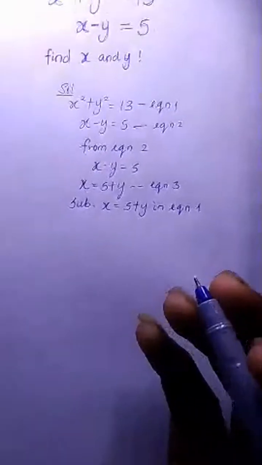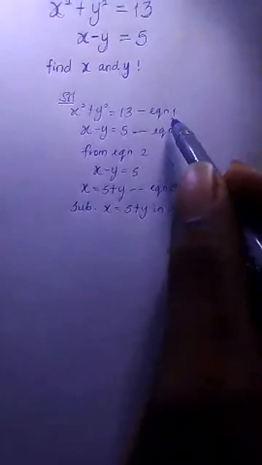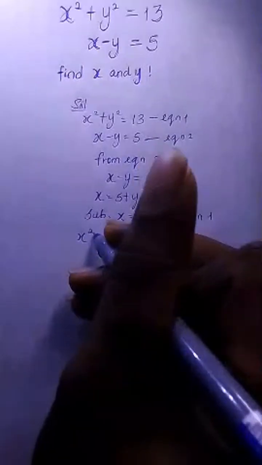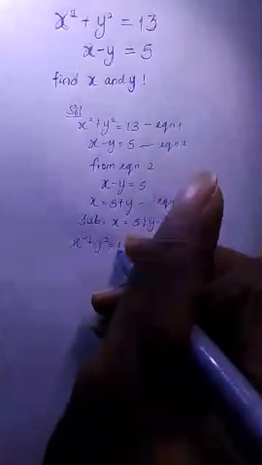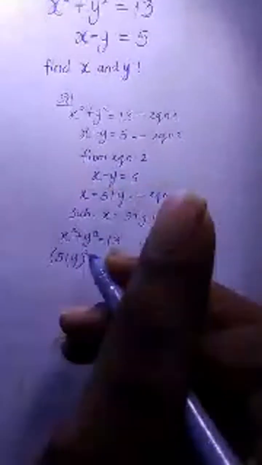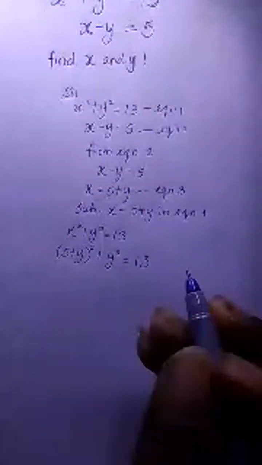Equation 1 is x squared plus y squared equals 13. And we see x here is 5 plus y. So we have 5 plus y, squared, plus y squared equals 13.